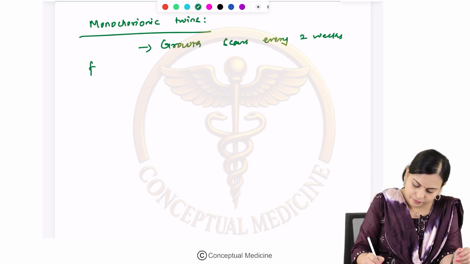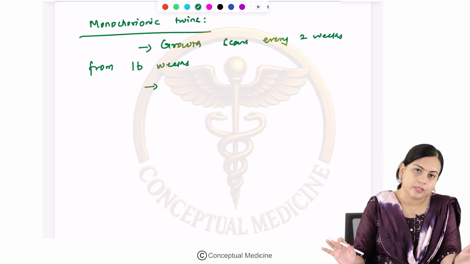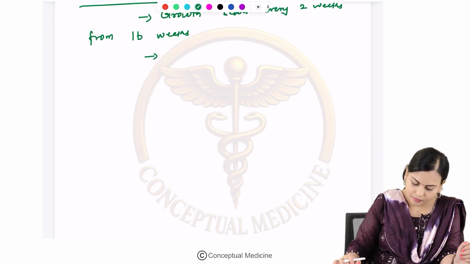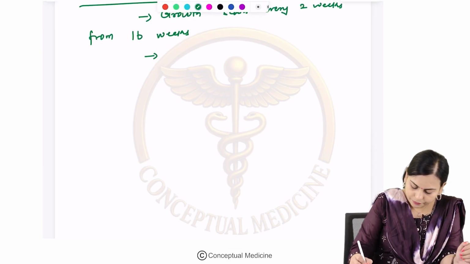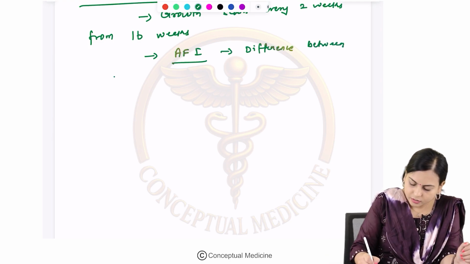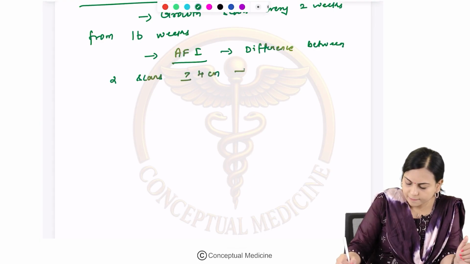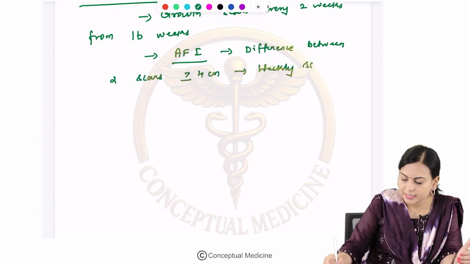There are some unique complications associated with monochorionic twins, and we have to monitor them also. Suppose you are doing the AFI and you find that the difference between the two is more than or equal to 4 centimeters, then you have to switch to weekly scans plus umbilical artery Doppler.